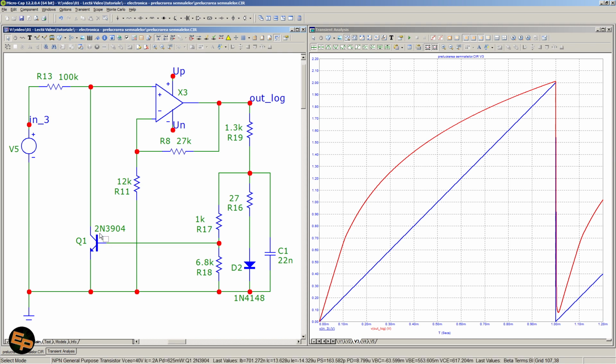Okay, so by varying the equivalent resistance between its collector and emitter, it can drop the voltage on the input of the op-amp from the maximum value, which is given by the input signal, down to zero.